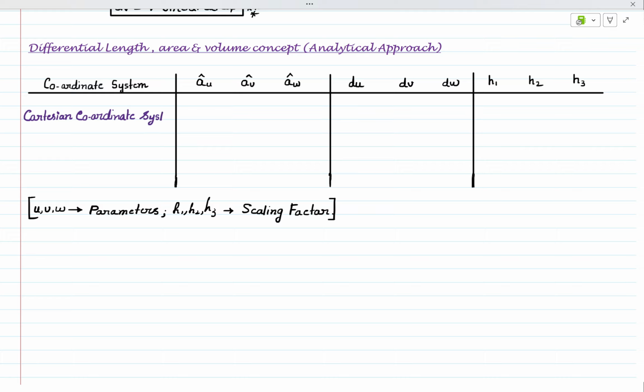This is the Cartesian coordinate system. In case of the Cartesian coordinate system, the unit vectors will be ax, ay, and az. And du, dv, dw will be dx, dy, and dz. And h1, h2, h3 are nothing but 1, 1, and 1. You have to remember this scaling factor in case of each and every coordinate system.